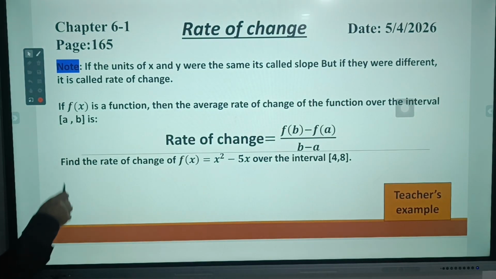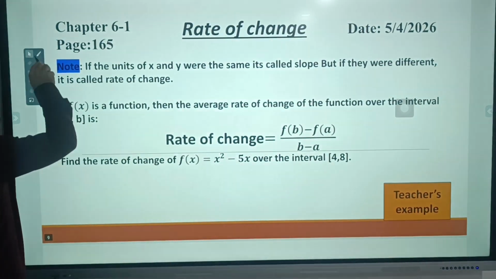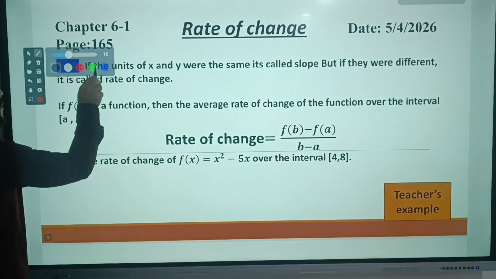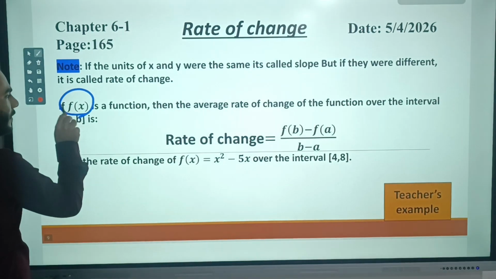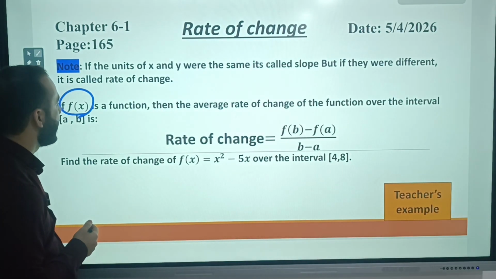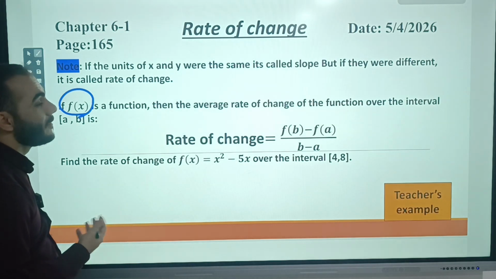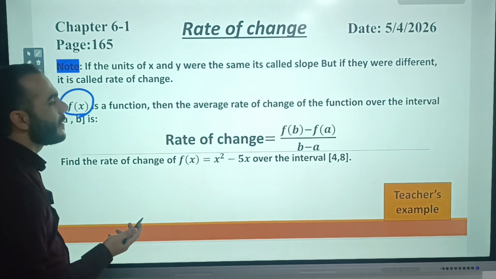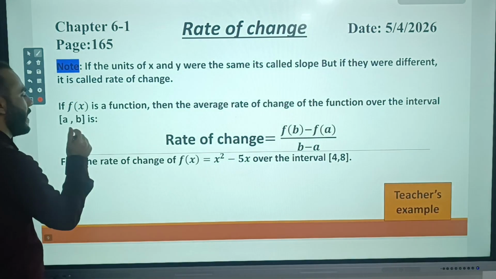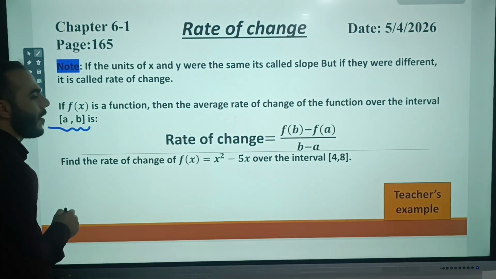f of x. Remember, f of x shows a function. So f of x stands for a function. Be careful, okay? Since the beginning of this course, I'm saying that f of x means a function. Then the average rate of change of the function over the interval. In rate of change, we have an interval, not points.